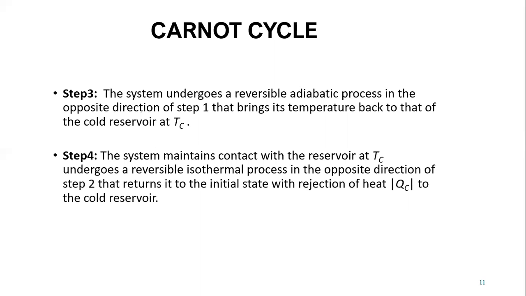At step 4, the system maintains contact with the reservoir at TC and undergoes a reversible isothermal process in the opposite direction of step 2. That returns it to the initial state with a rejection of QC to the cold reservoir.